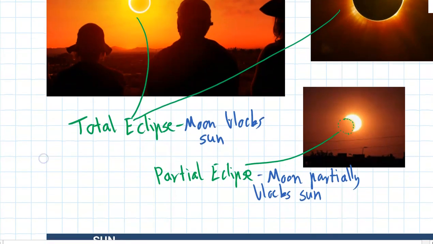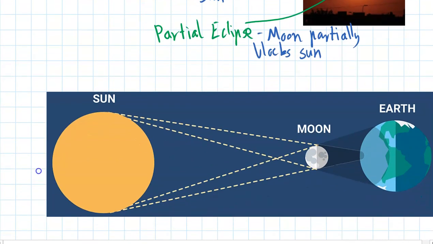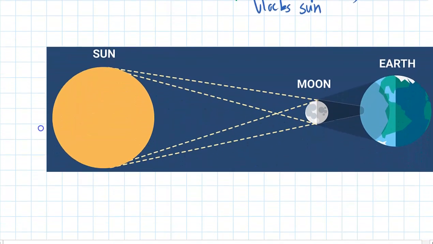Okay. Well, what does it actually look like if we zoom out and have a look at how they all line up? So here's how solar eclipses happen. If the moon lines up perfectly, so that it's in between the Earth and the sun, then you can see here that there will be some shadows that the moon casts.